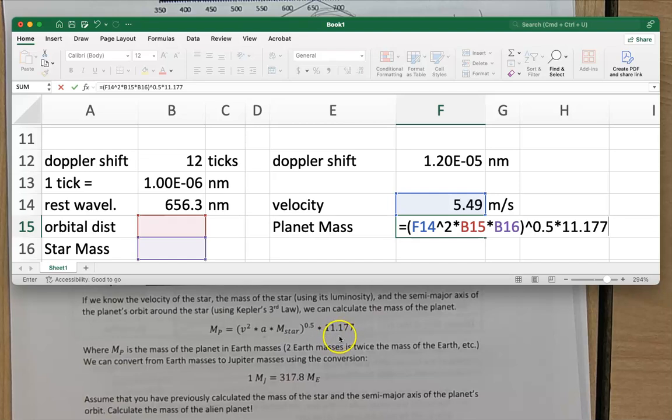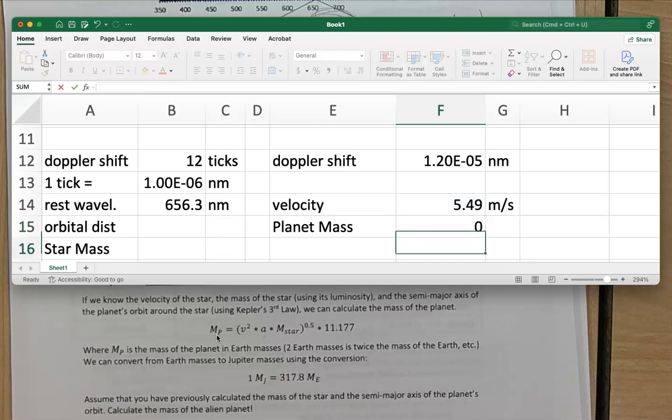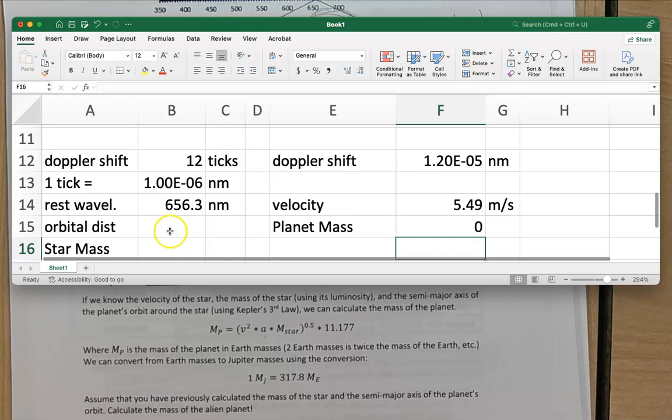Why 11.177? Because that's the unit conversion. That's the conversion factor in order to get the mass of the planet in Earth masses. Okay, and it's saying 0 because we didn't put these numbers in yet.